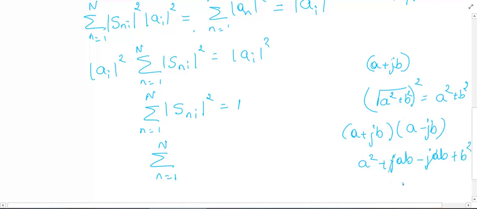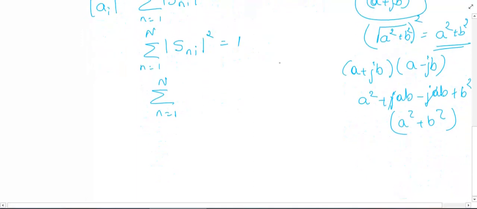So the cross terms get cancelled. What remains is A square plus B square. Is it the same as the magnitude square of your complex number? Right?